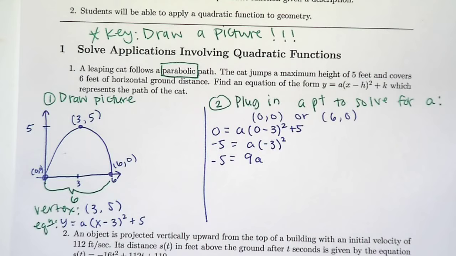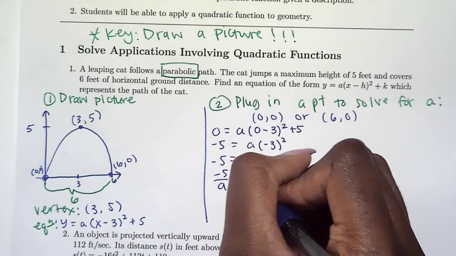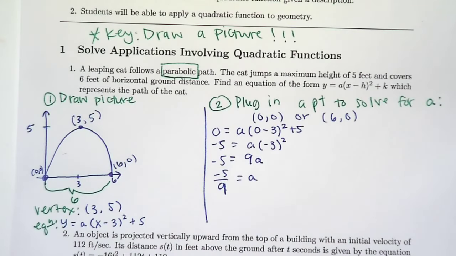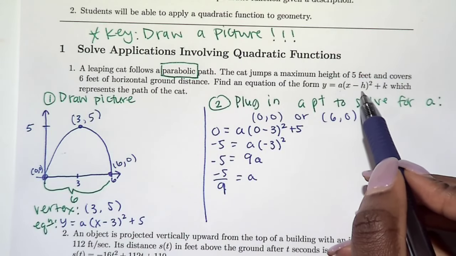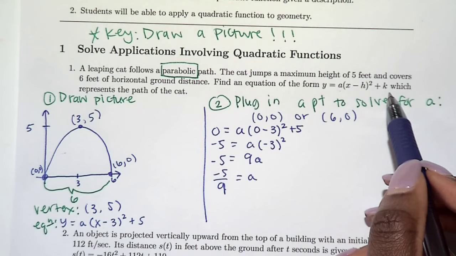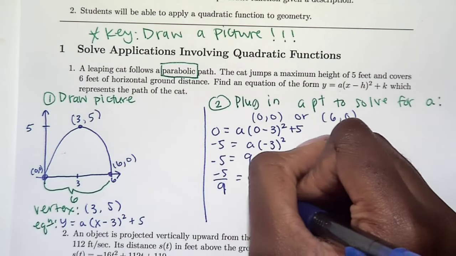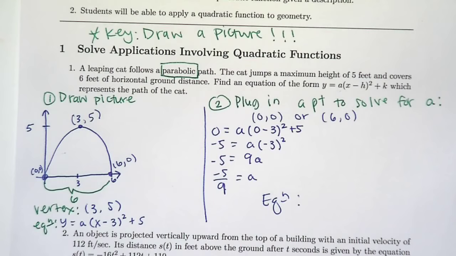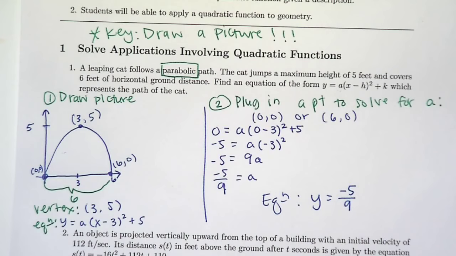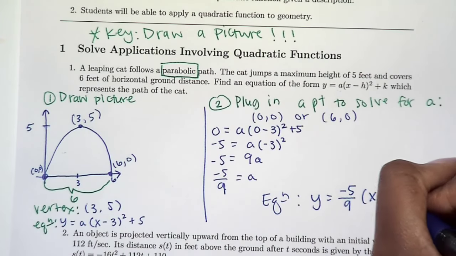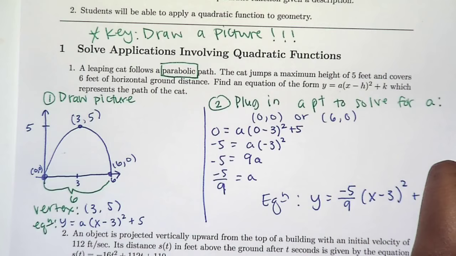And we can solve for a by dividing by 9. Make sure my 9 looks like a 9. Okay, so now we actually have everything we need to know, right? We know what a is. It's negative 5 over 9. We know what h is. It's 3. And our k is 5. So to answer the question, our equation of the correct form is y equals negative 5 over 9 (x minus 3) squared plus 5.